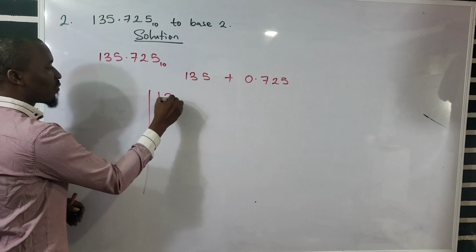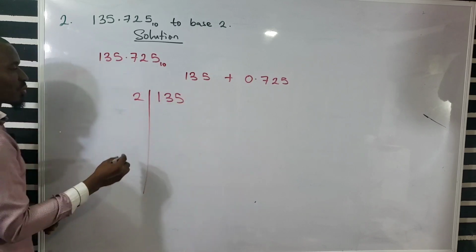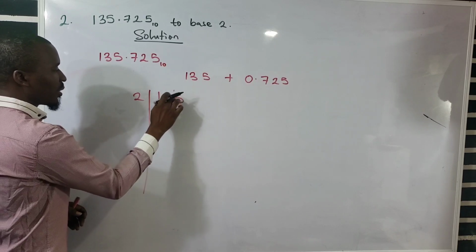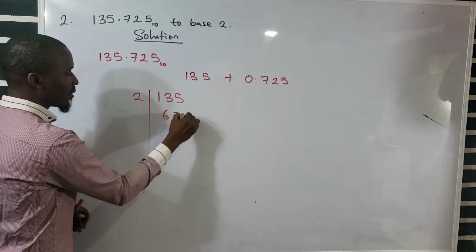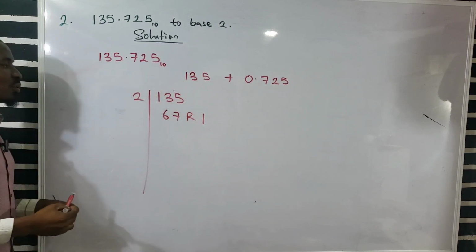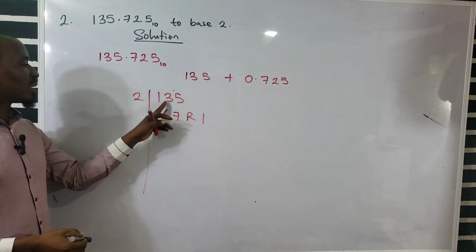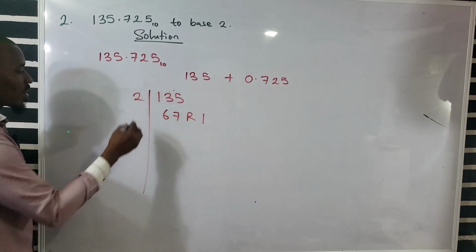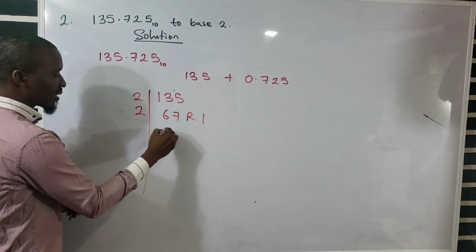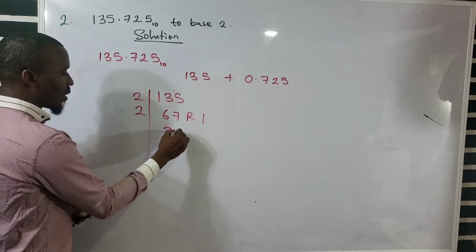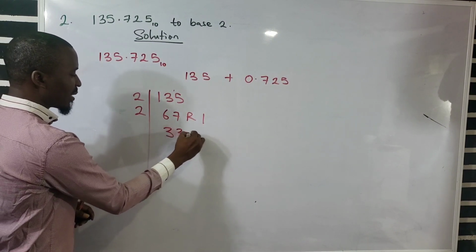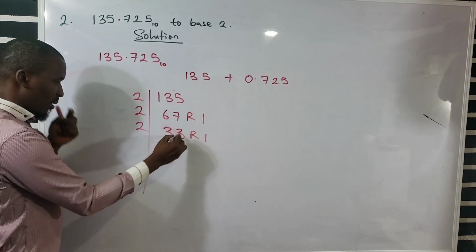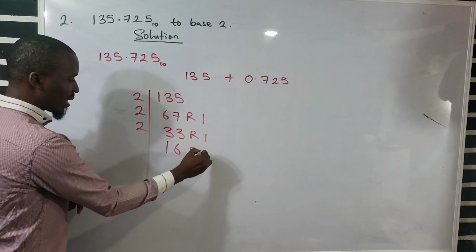So we are going to have 135 divided by 2. 2 in 13, we have 6, remainder 1. 2 in 15, we have 7, remainder 1. So 135 divided by 2 will give us 67, remainder 1. Then we go again by 2, that will give us 33, remainder 1.